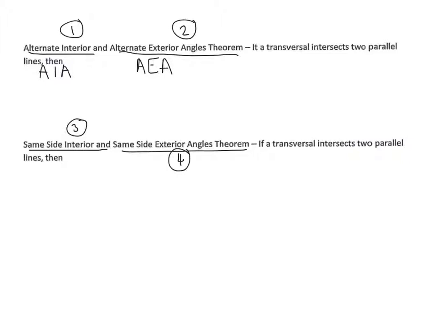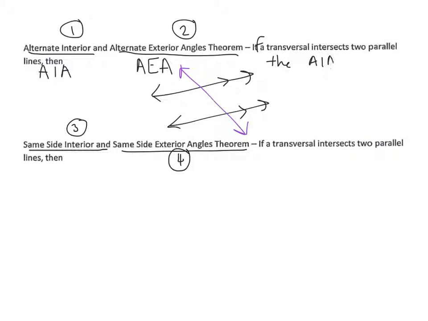So the theorem says if a transversal intersects two parallel lines, so if you have two parallel lines, parallel symbol, and a transversal, remember a transversal intersects at least one line, then the alternate interior angles and alternate exterior angles are congruent.